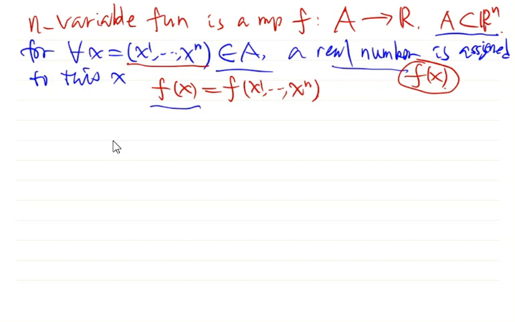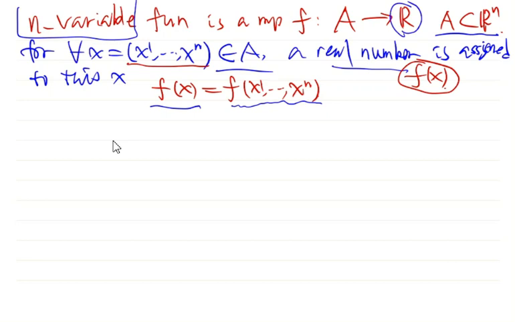On the right-hand side, the x1, ..., xn are real numbers. This is why we call such a function a multivariable function, because it has real numbers as variables. So this is a scalar function or real valued function, because the function value is in the real number set R.